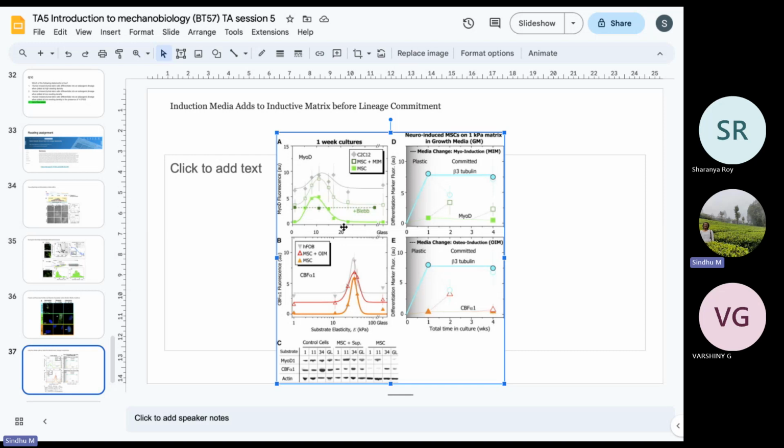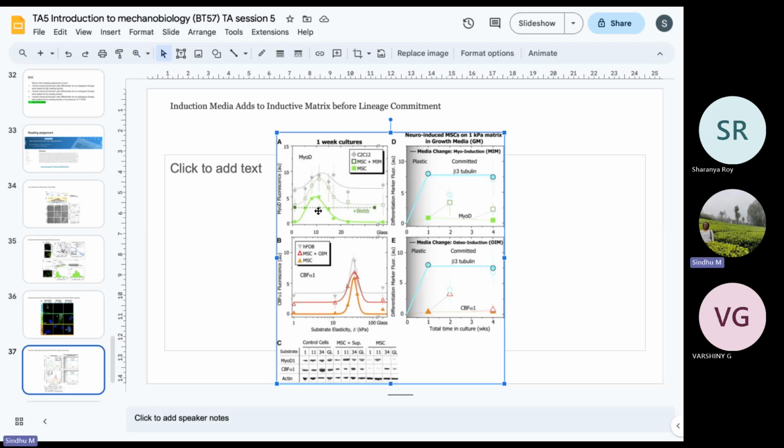Yeah, so in this experiment, they want to see whether the media conditions also play a role. First they are just culturing on different stiffness; that is the lowermost curve. In the uppermost curve, they are culturing on different stiffness as well as adding this MIM, which is muscle induction media.